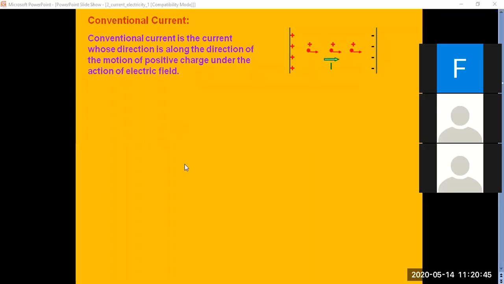We'll see a difference now. See, we have interchanged. First side we have negative charges. The second side you have positive charges. So when you have negative and positive, just see what's happening. Negative charges are moving towards the positive side.